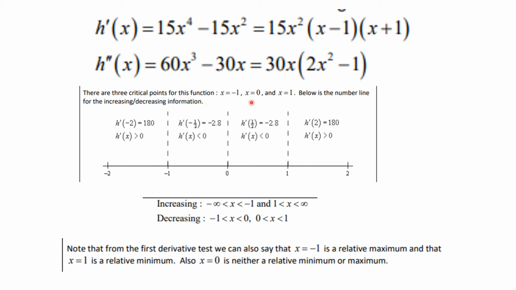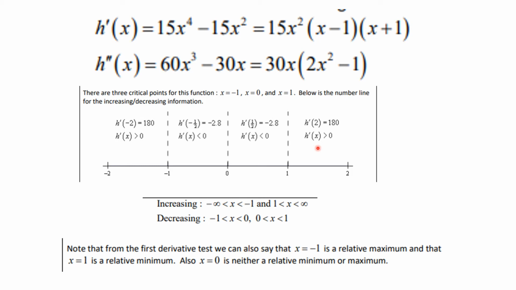And so we're going to use the first derivative test on this, or at least the analog of the first derivative test. So here's the number line. We're going to take those 3 critical points that slice the real number line into 4 intervals: 1, 2, 3, and 4. And we'll pick a test point in each of these. We pick minus 2 in this interval, minus 1/2 here, 1/2 here, and we pick 2 in this. We plug them in to determine what happens to the sign.